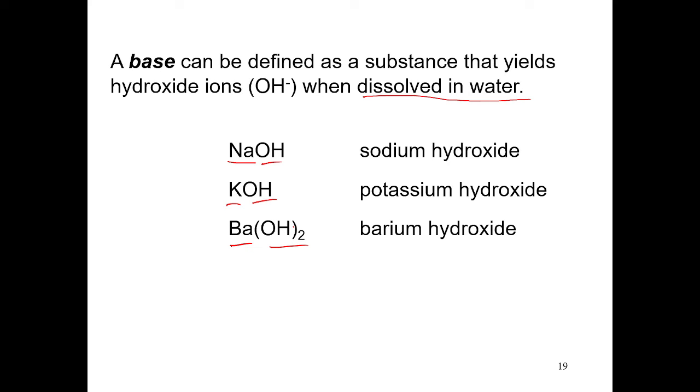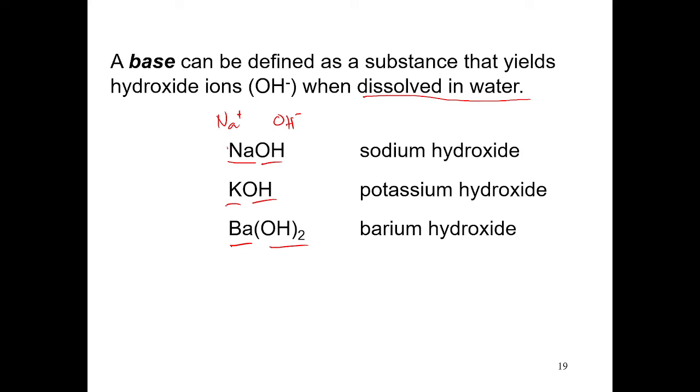Just like our acids, whenever they are dissolved in water, our pure substances actually undergo what we call dissociation again, or the ions are separated from each other due to its aqueous form. Therefore, for our sodium hydroxide, it will form our Na plus ion, cation, and also we have here an OH minus anion.